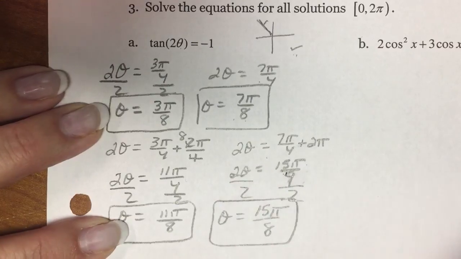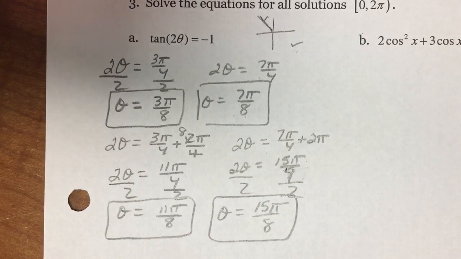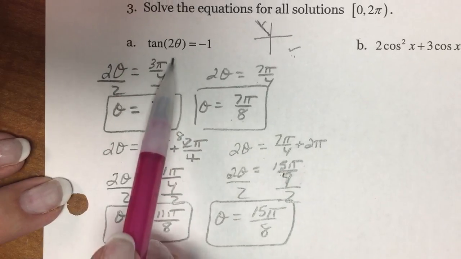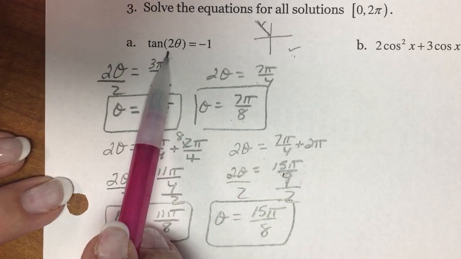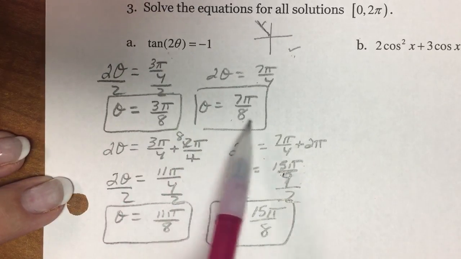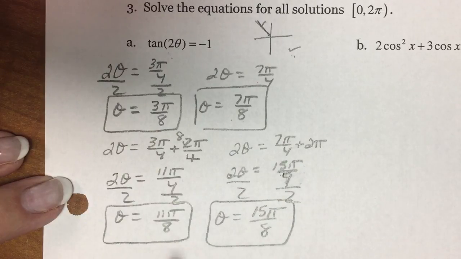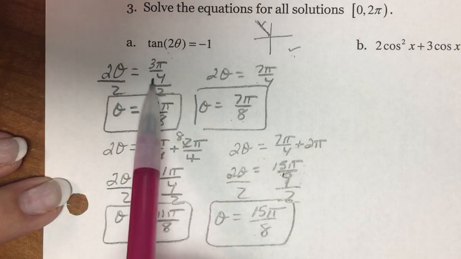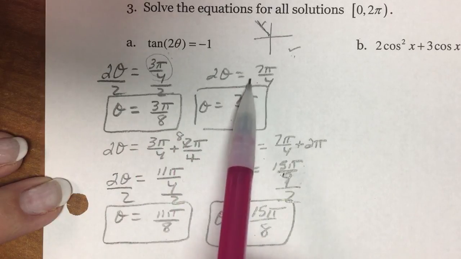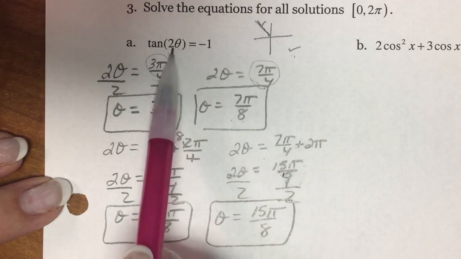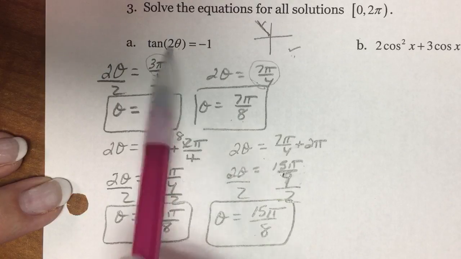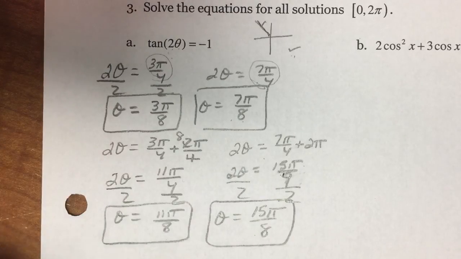And that is another solution. So it's kind of a pain in the neck when you have that 2 with the theta there, because you actually have to come up with another whole row of answers by adding 2 pi to your original angles. If it's a 3, it's even worse. Let's just keep it as a 2 right now.